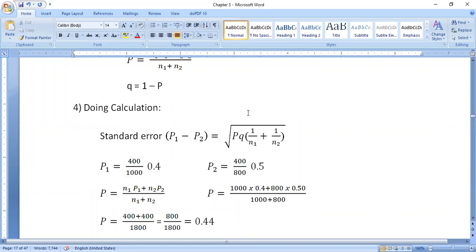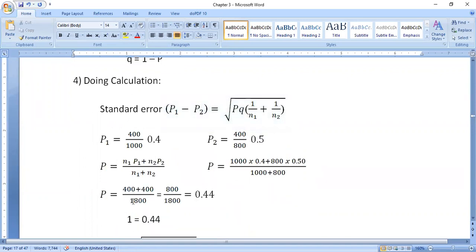To obtain P1 and P2, we follow this simple technique: 400 divided by 1000 from town A, that is 0.4. Then P2 is equal to 400 divided by 800, that is 0.5. This method we are going to follow to get the values of P1 and P2.